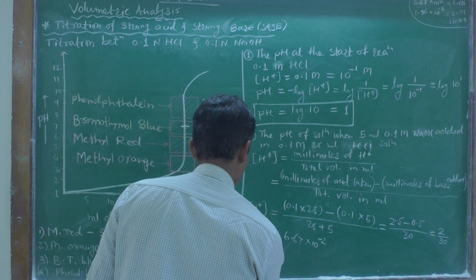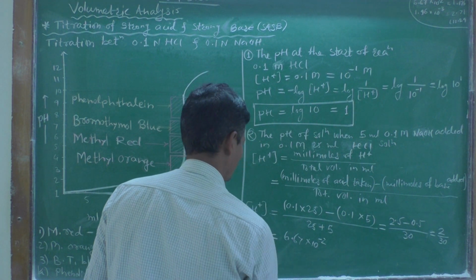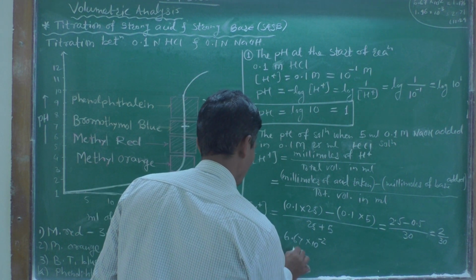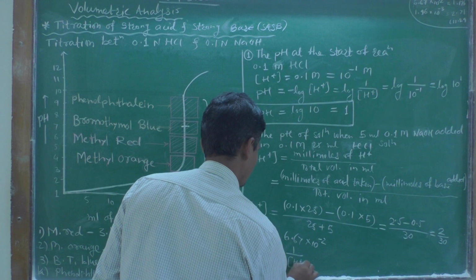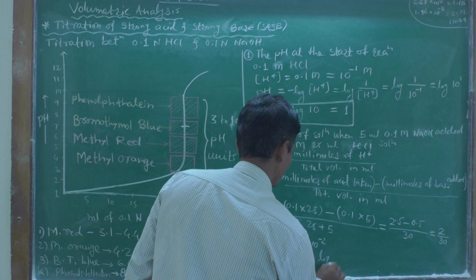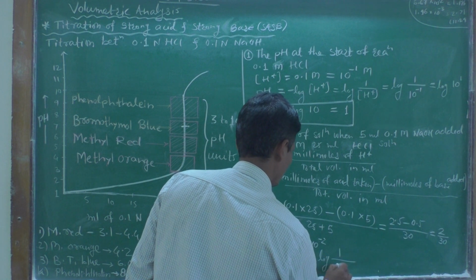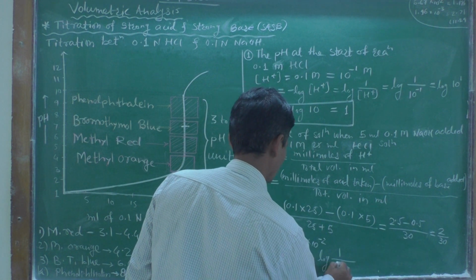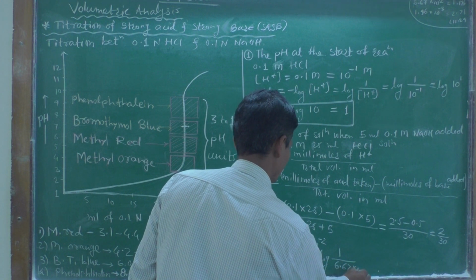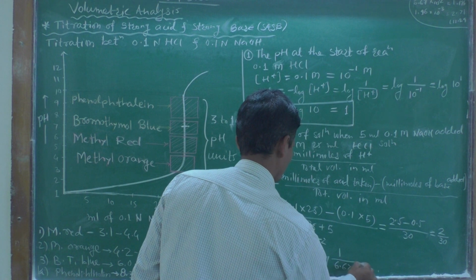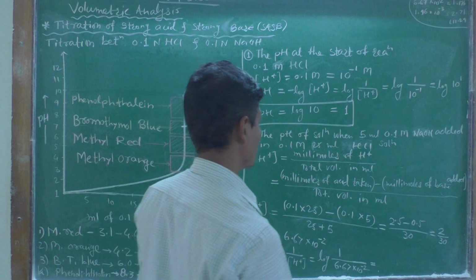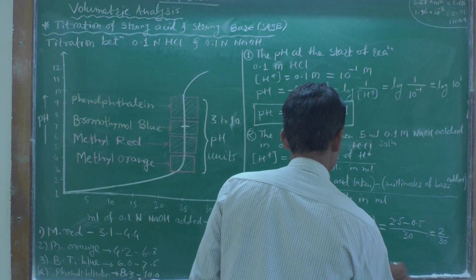Now pH is equal to log to the base 10 of 1 upon the H plus ion concentration, which is equal to log to the base 10 of 1 upon 6.67 into 10 raised to minus 2. And the pH of this solution becomes 1.176.